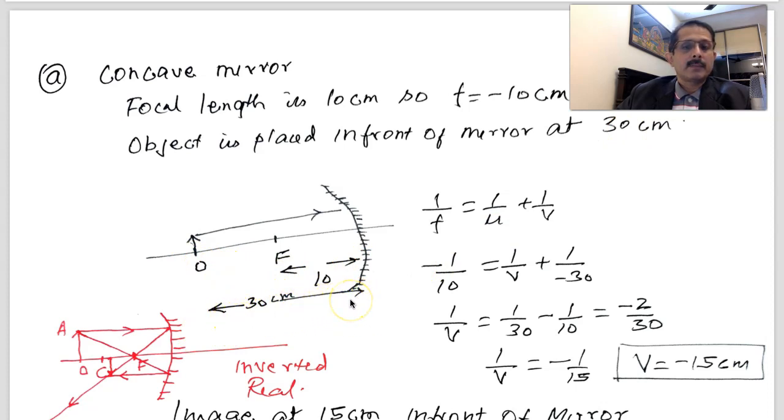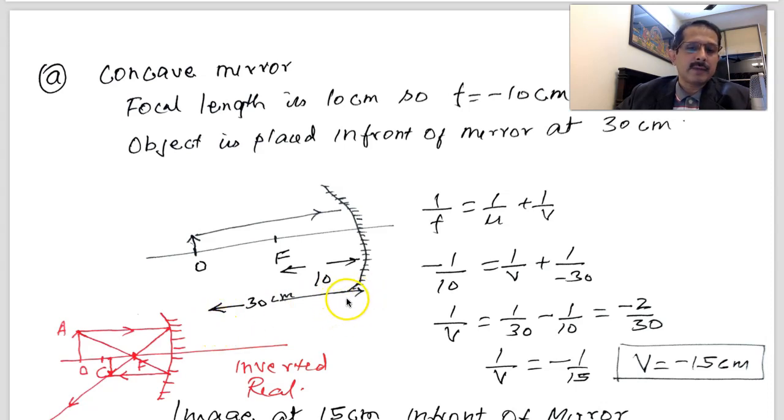Now, if I talk about this, the direction of the incident ray is in this direction, and the distance is measured from pole to the position of the object.